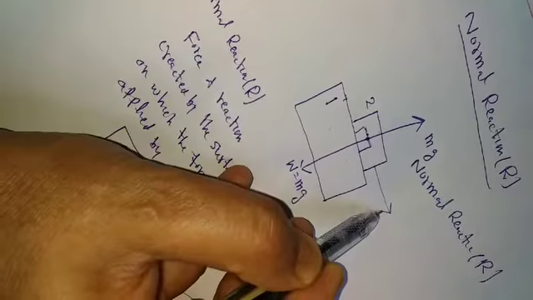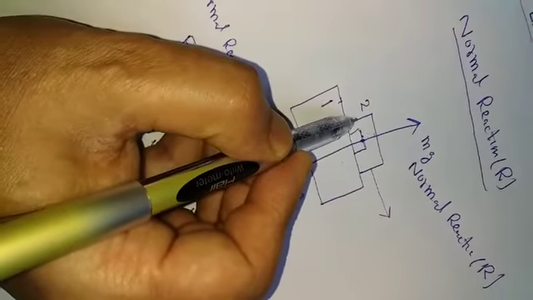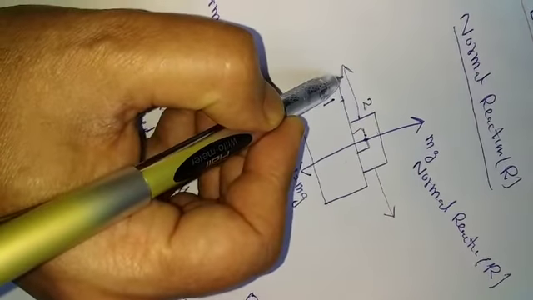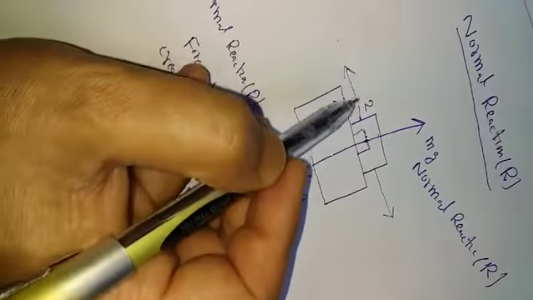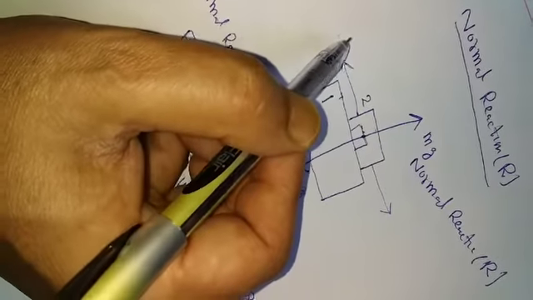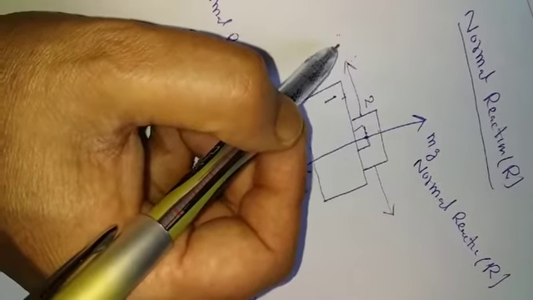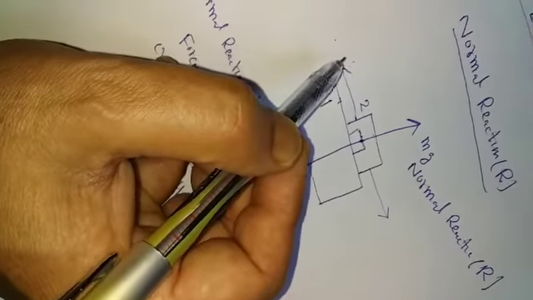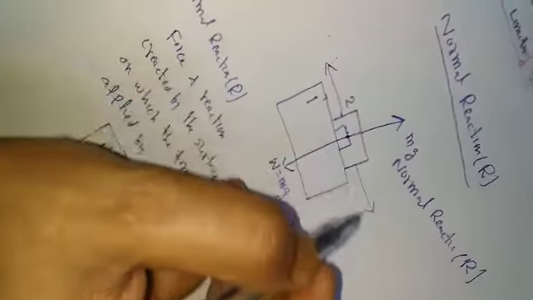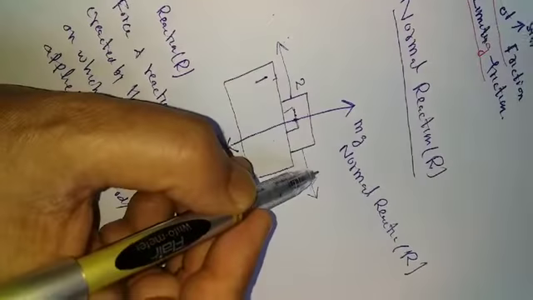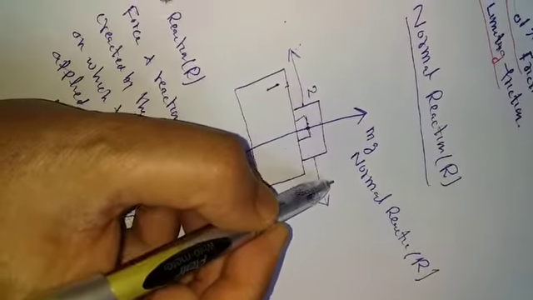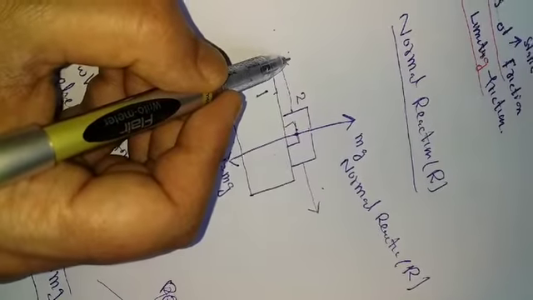If you remember the previous lecture, when we apply a force, another force comes into play in the opposite direction. This is called the force of friction. Suppose if I apply 1 Newton force, it will also create a 1 Newton force.